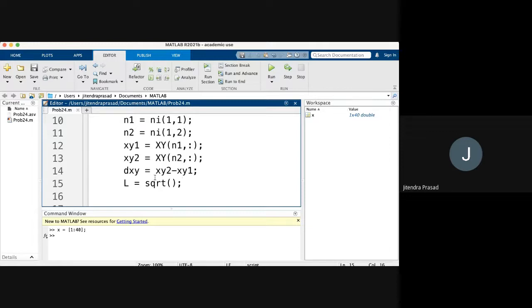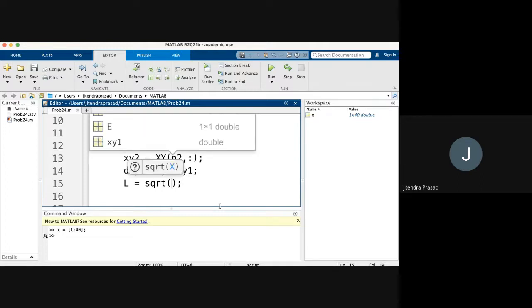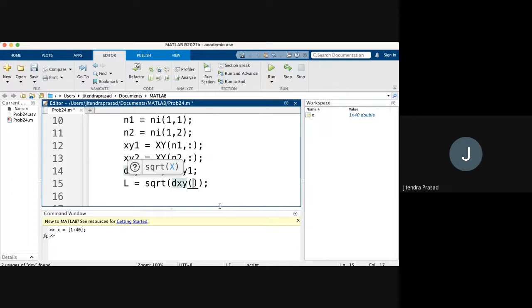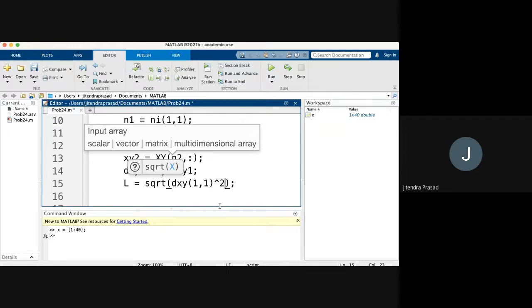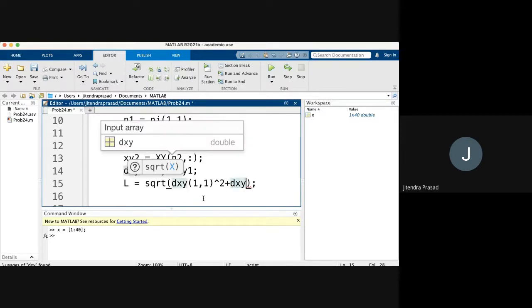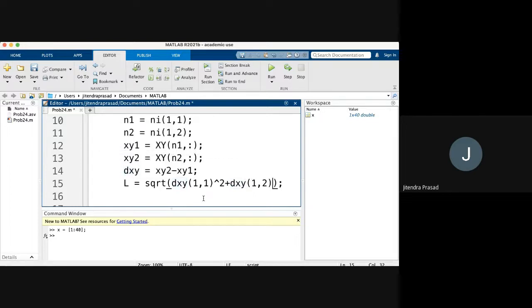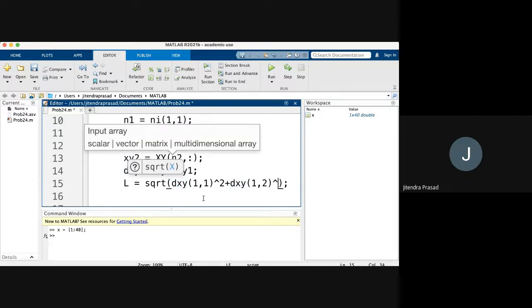But still, what I want to do here is, we have dxy, so there are two components of dxy. So dxy 1 1, I will take a square of that, plus dxy 1 2, and the square of that also.